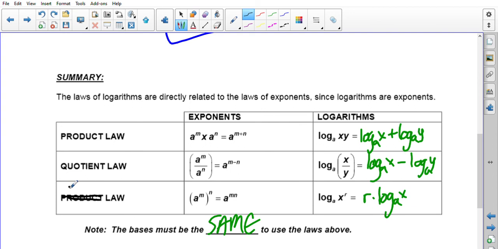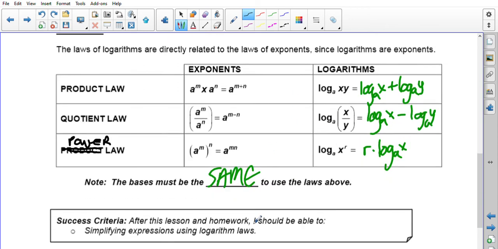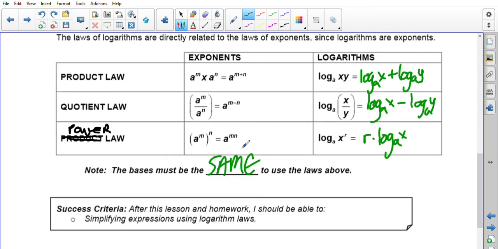So you can refer to it as that, or log law number 1, 2, or 3. So remember, whatever the exponent is, so for example in this form they have the exponent being r, r can come down and be multiplied by log. And all of these can only be used if you have the same base. Okay, so make sure you check that.